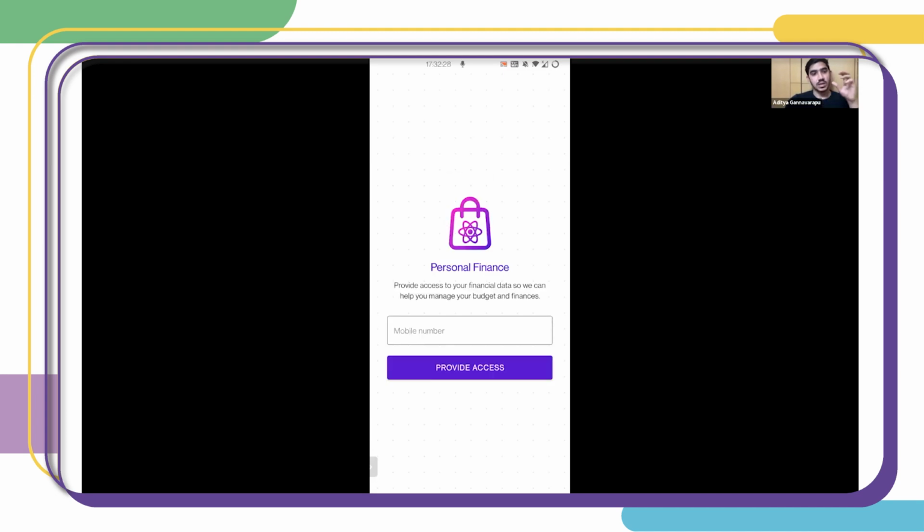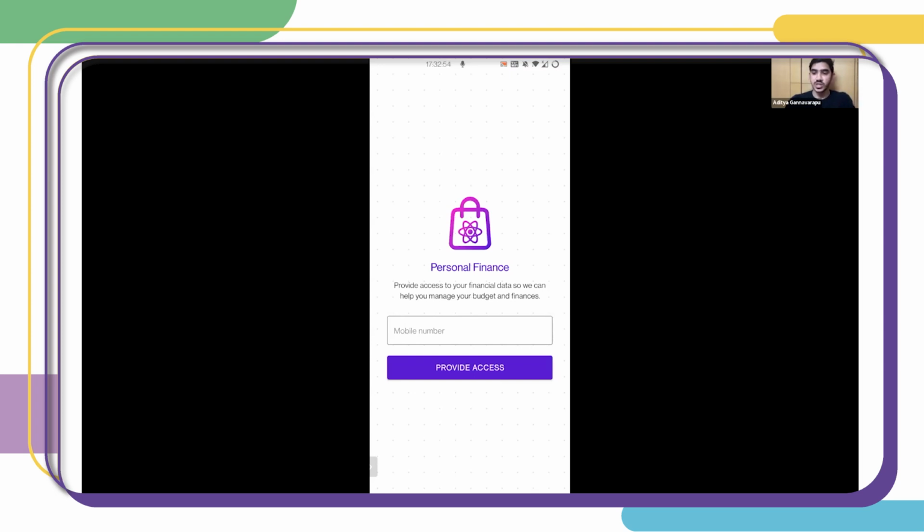Imagine you are an end user, and I'm an end user, and there is this app called Personal Finance that has been built on top of Setu's AA sandbox, or Setu's account aggregator, which wants my financial data so that they can provide me a visualization of my credit and debit, my total balance, and all the details I need for savings or spending.